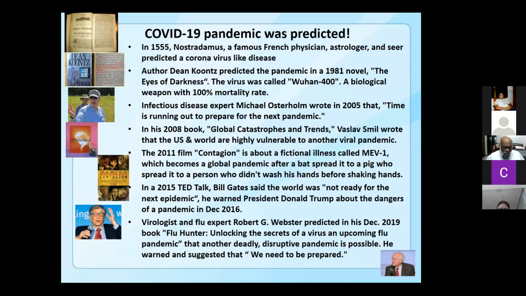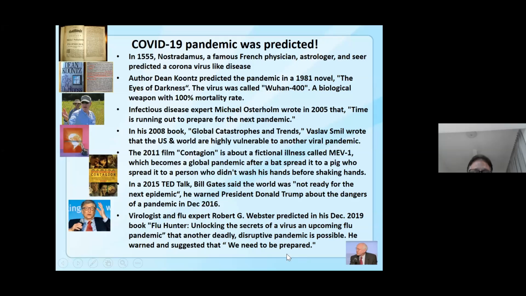Virologist and flu expert Robert G. Webster predicted in his December 2019 book, Flu Hunter: Unlocking the Secrets of a Virus, an upcoming flu pandemic, that another deadly disruptive pandemic is possible. He warned and suggested what we need to be prepared. He said this in December, the very time the epidemic was breaking out in Wuhan in China.